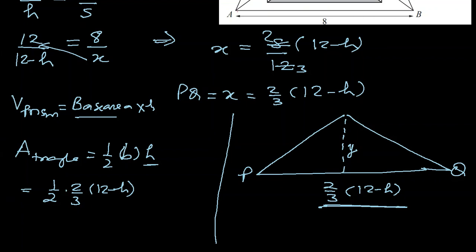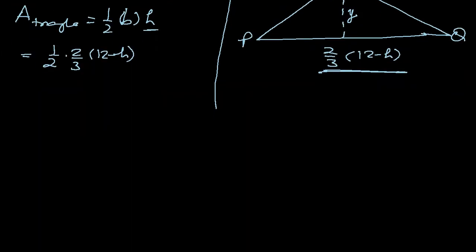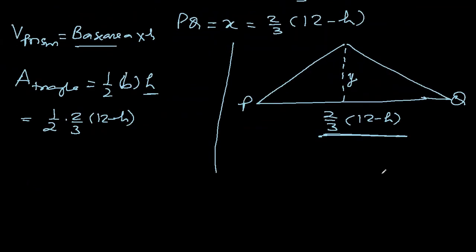So let me break this triangle into two parts now, this way. Only the right side I'm drawing. Of course, this is 90 degrees because this is an isosceles triangle. Actually it is an equilateral triangle, but I'm calling it isosceles for the sake of understanding that these two sides are exactly equal. So this side is half of 2/3 of 12 minus h.